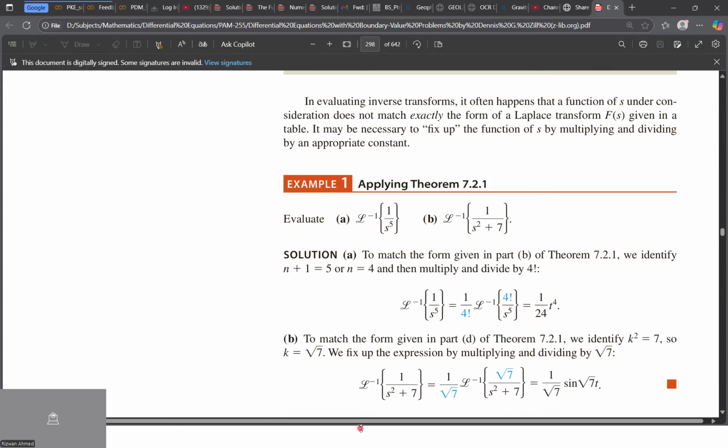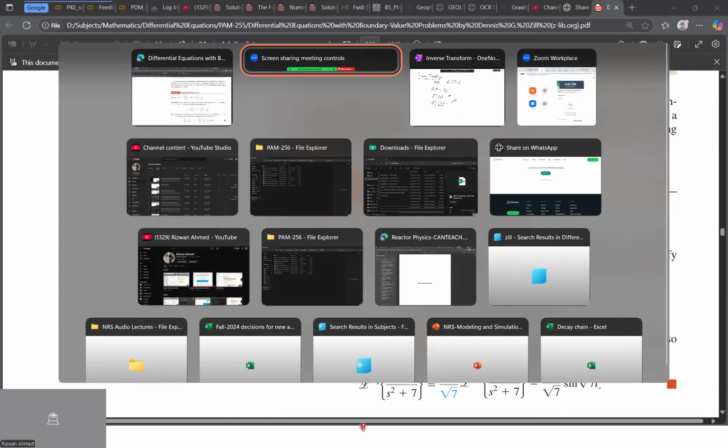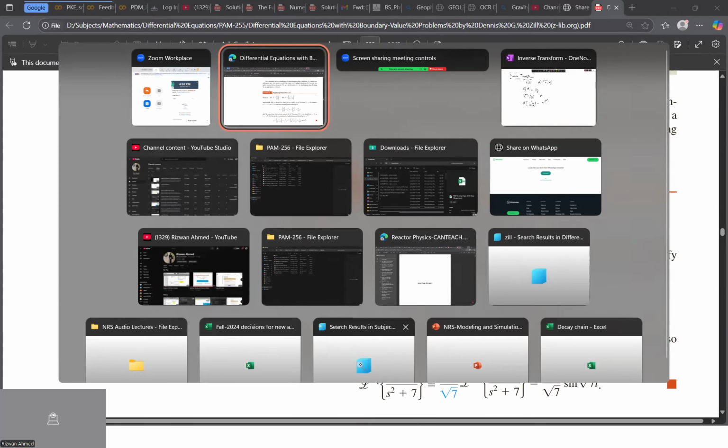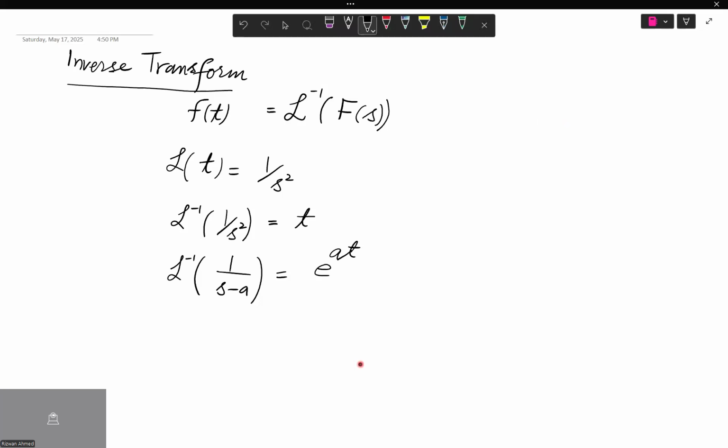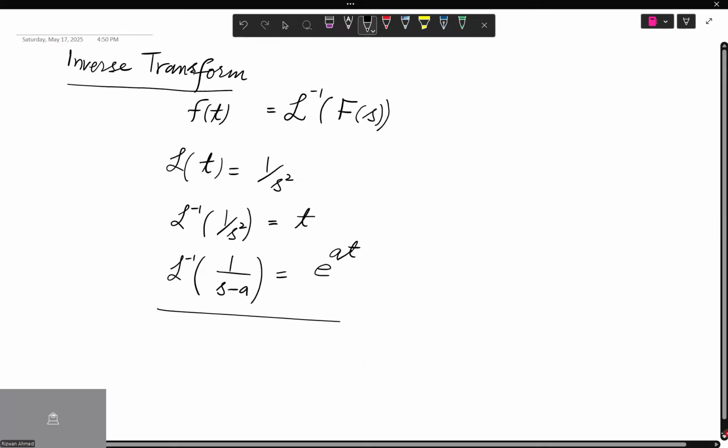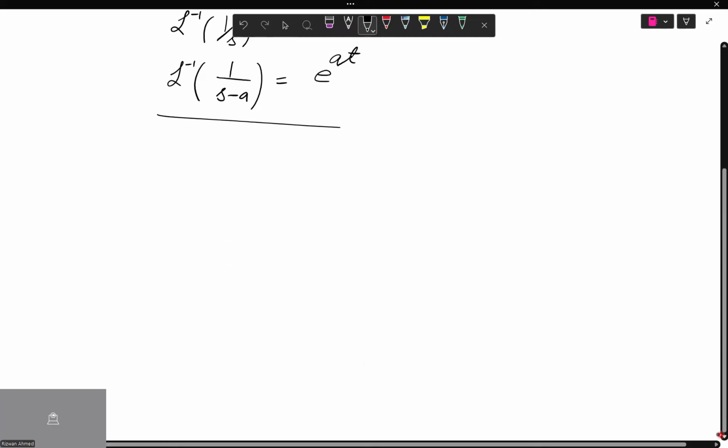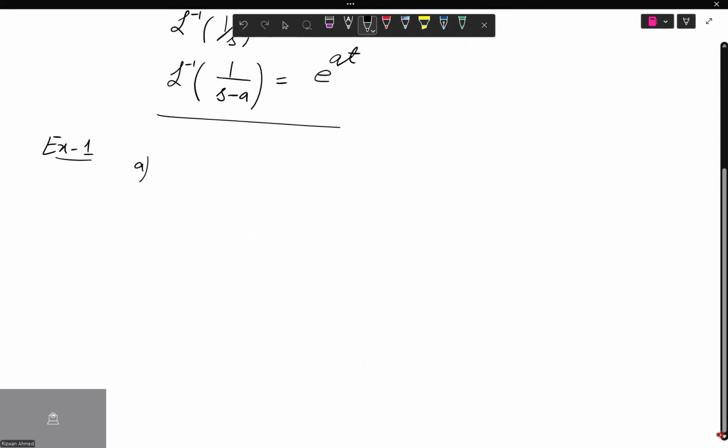So let's calculate that. Example 1, a part. F of s is equal to 1 over s raised to the power 5.